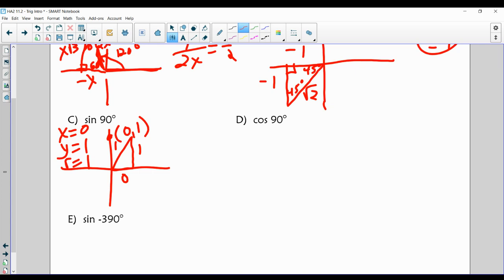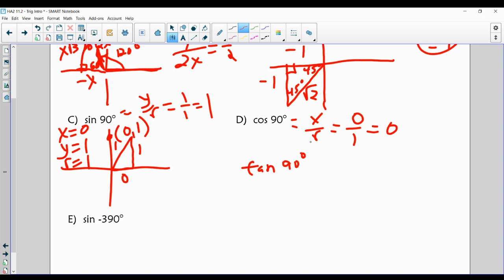So when I want to do the sine of 90, that is y over r for sine, which would be 1 over 1, which would be 1. Whereas cosine of 90, which is x over r, would be 0 over 1. So that would be 0. If I asked for tangent of 90, that would be y over x, which would be 1 over 0, which is undefined. Okay?